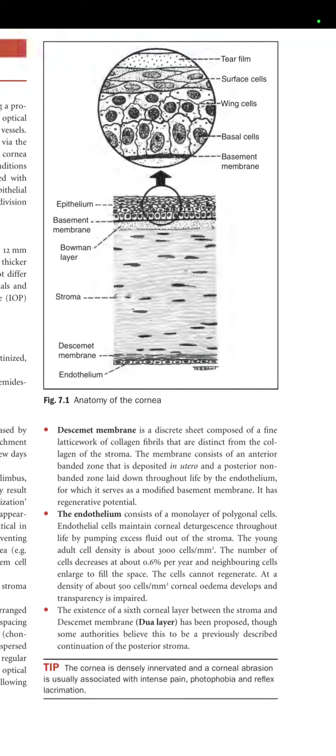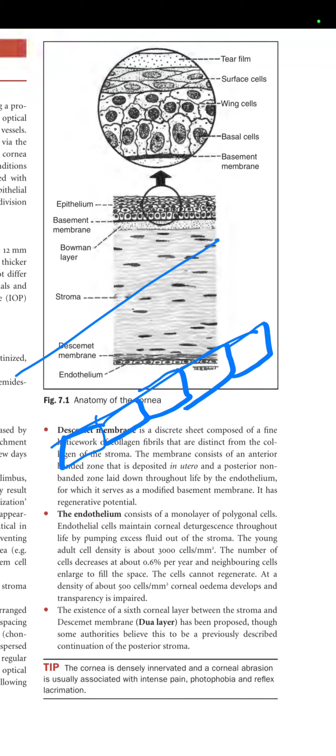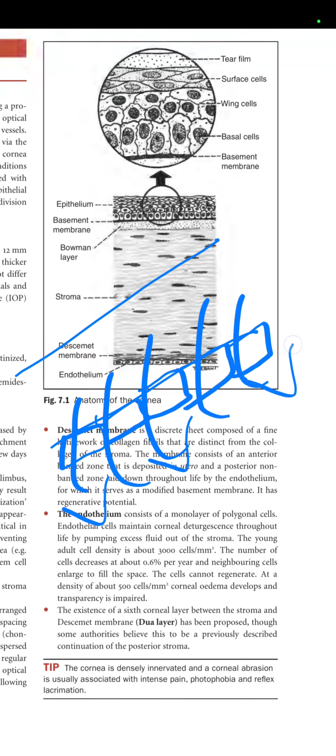So the endothelium has a very, very important role. It is basically a monolayer of polygonal cells, and it pumps the water out of the stroma to keep the cornea clear and non-edematous.